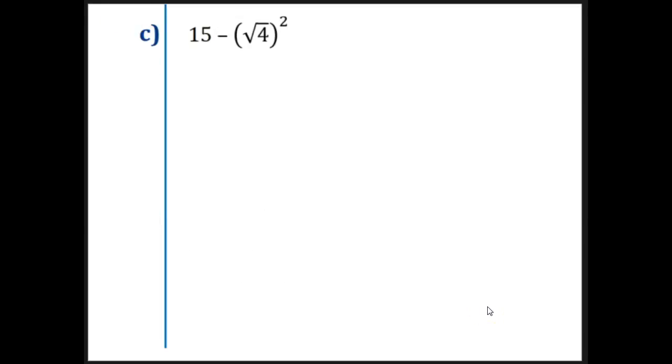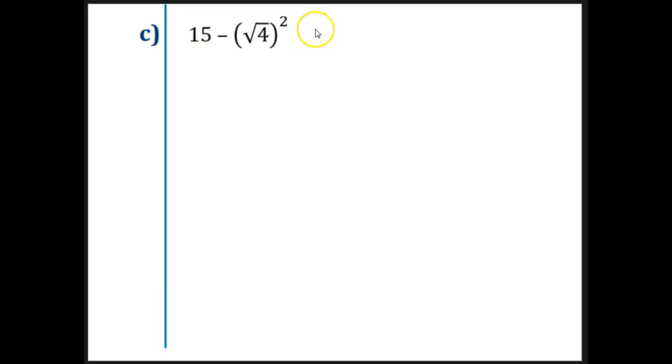All right, new example. This time it's a little trickier. I want you to just copy it and then put your pencils down because you've got to pay attention to me. All right, so this time I have a square root squared.